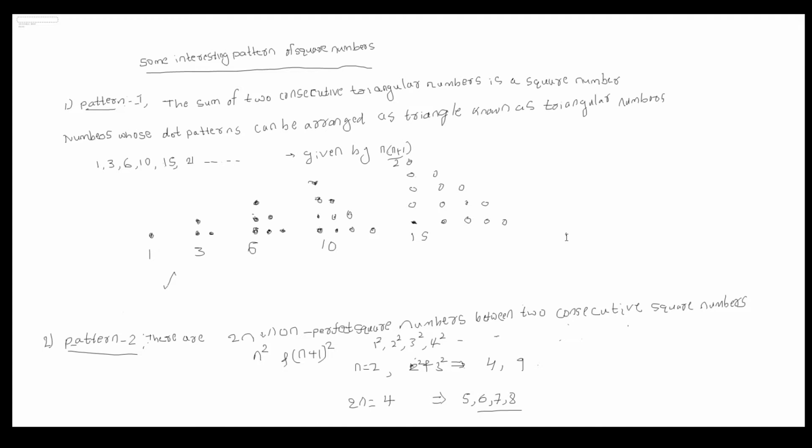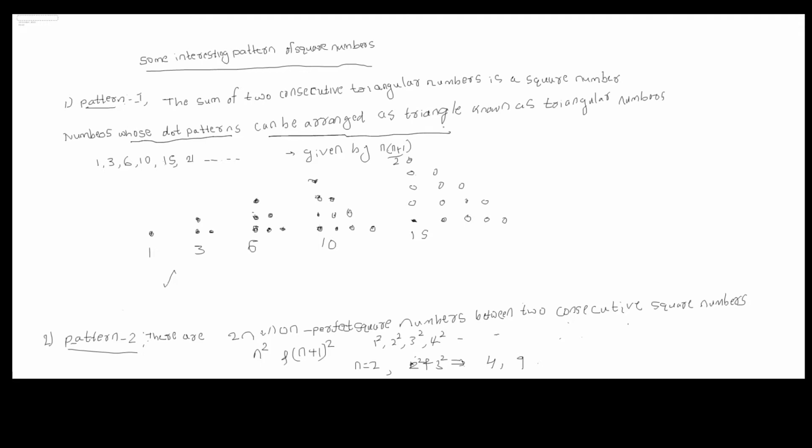The numbers whose dot patterns can be arranged as a triangle. For example, 1 and 3, see, this is the triangle. This is also a small triangle. 6, this is also a triangle. 10, this is also a triangle.